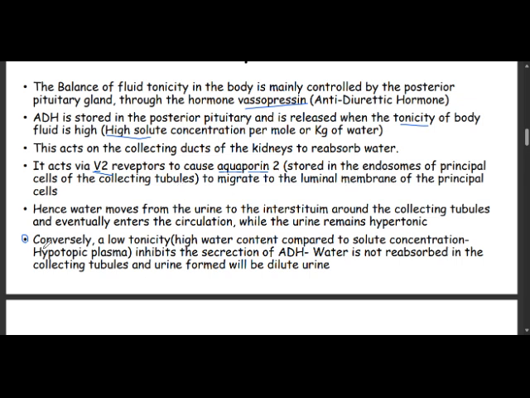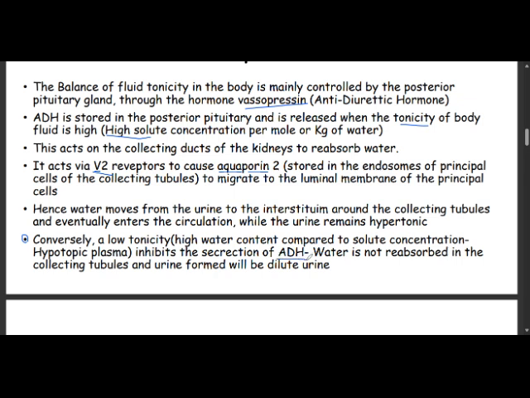But if there's a low tonicity, low tonicity means there's a high water content and low solute concentration. So the water content is high, and you don't need to absorb a lot more if you already have a lot. So that inhibits the ADH secretion.